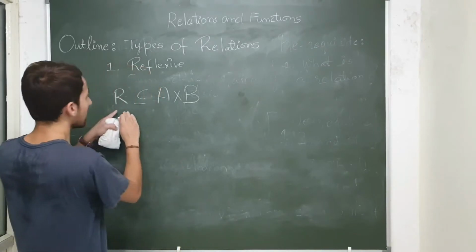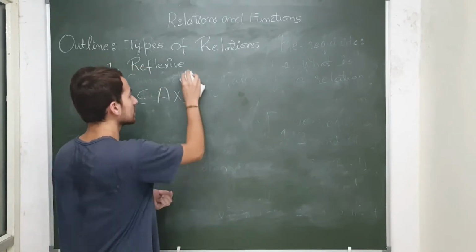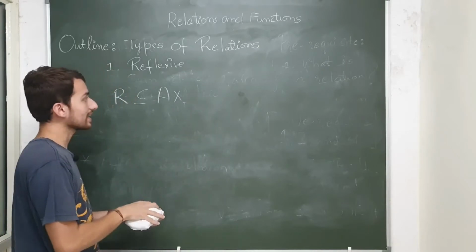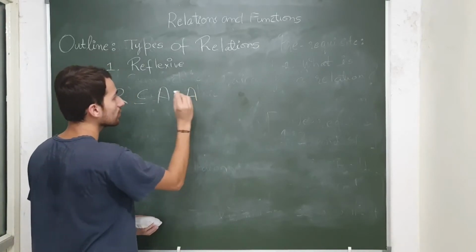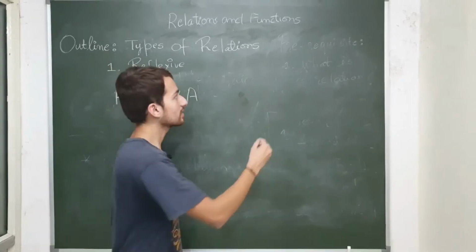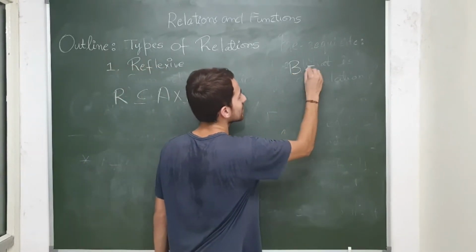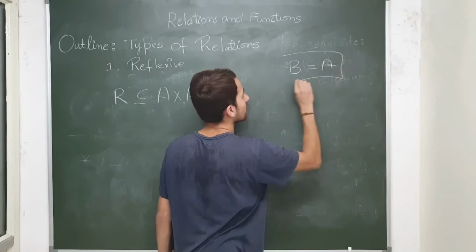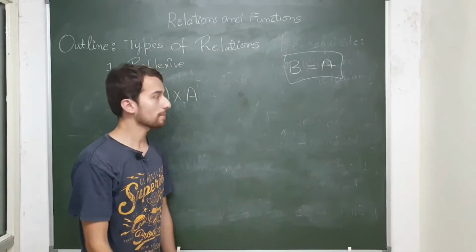That is, R is a subset of A cross A, so the second set B is also A.